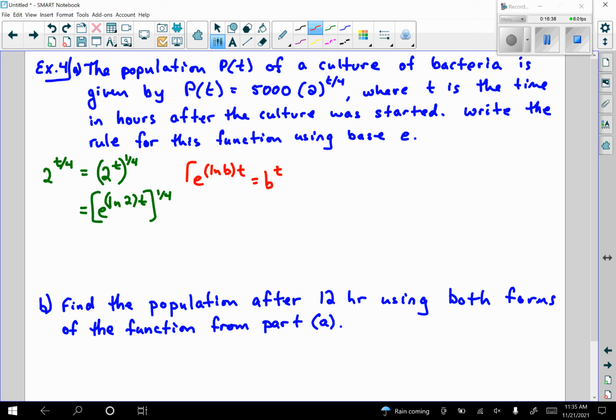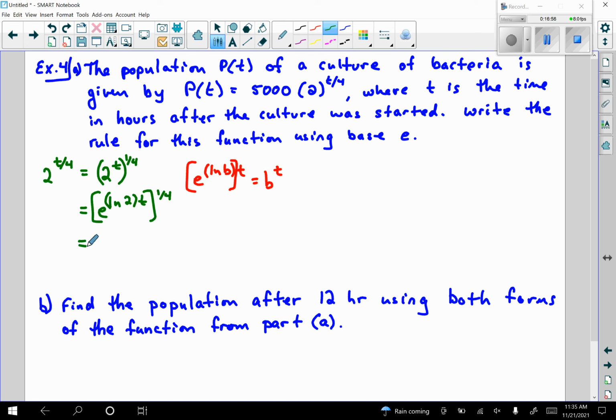Because we could think of it like this. So this will just give us b, and this t still stays as an exponent. So 2 to the t, we could rewrite this as e to the natural log of 2, because that will just drop down and give us a 2, but the t will still stay as an exponent.